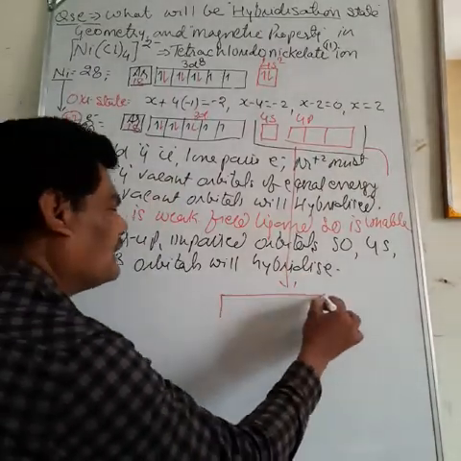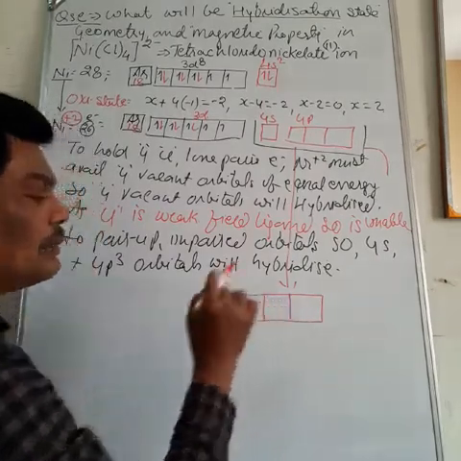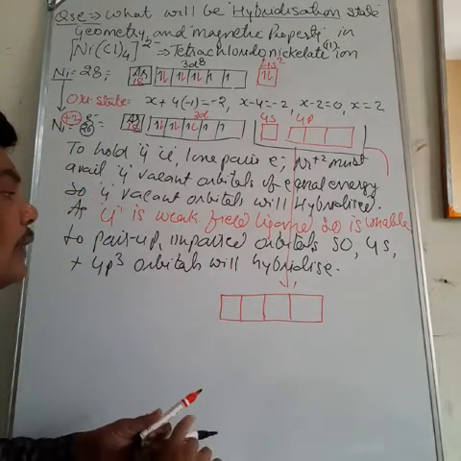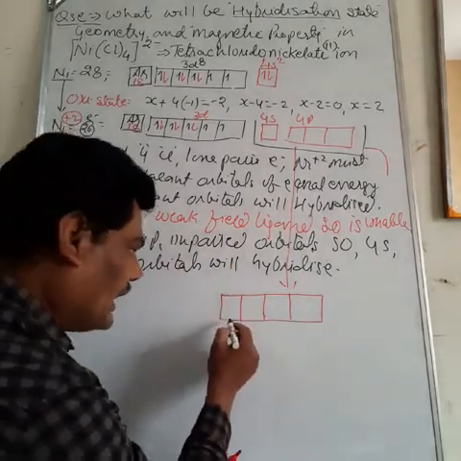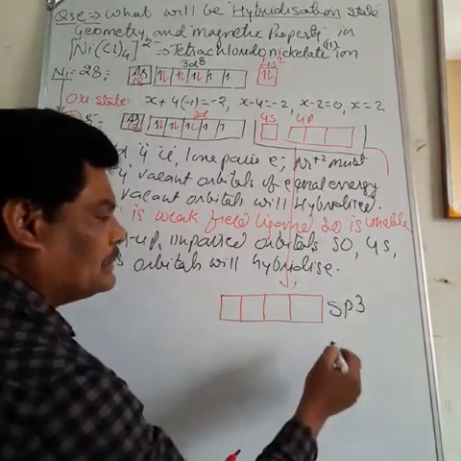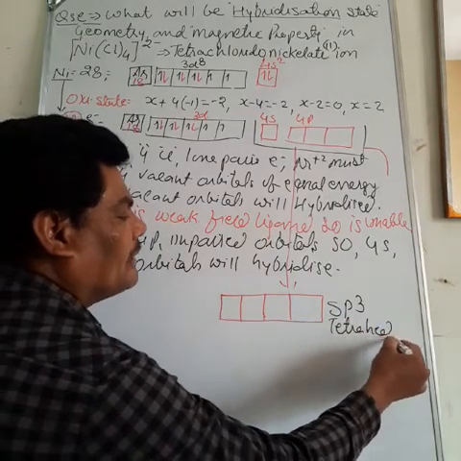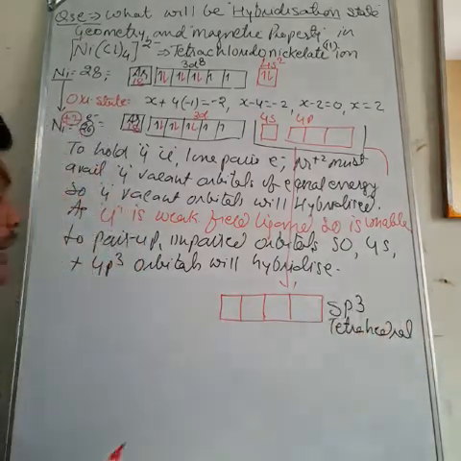After hybridization, 4 vacant orbitals of equal energy and strength will be there. Now, being the 1 s and 3 p participate, the type of hybridization becomes sp3, and the geometry becomes tetrahedral. So in this way we can get the answer.